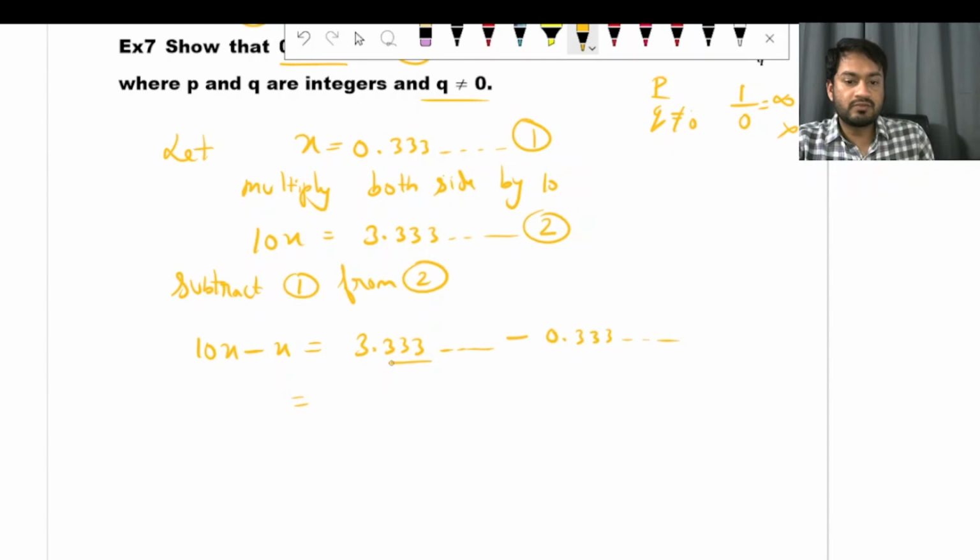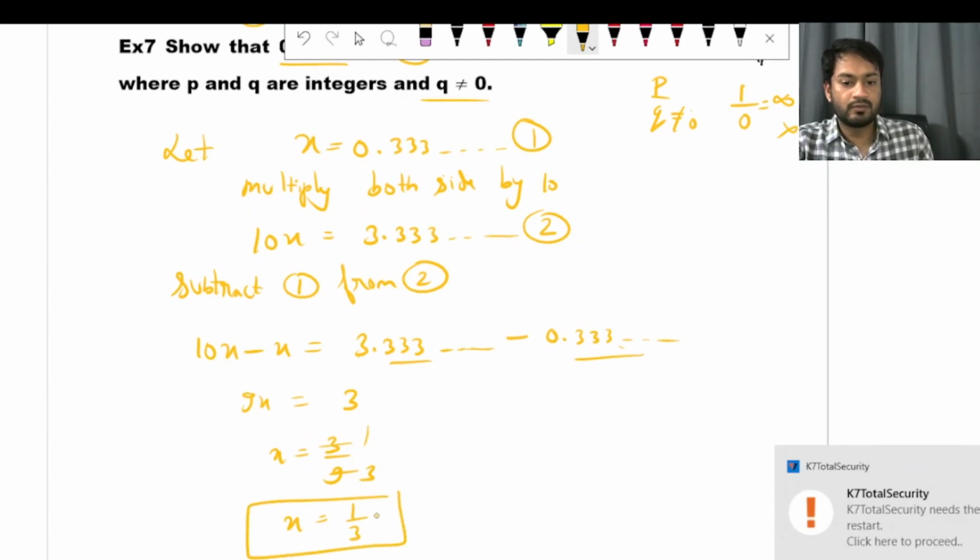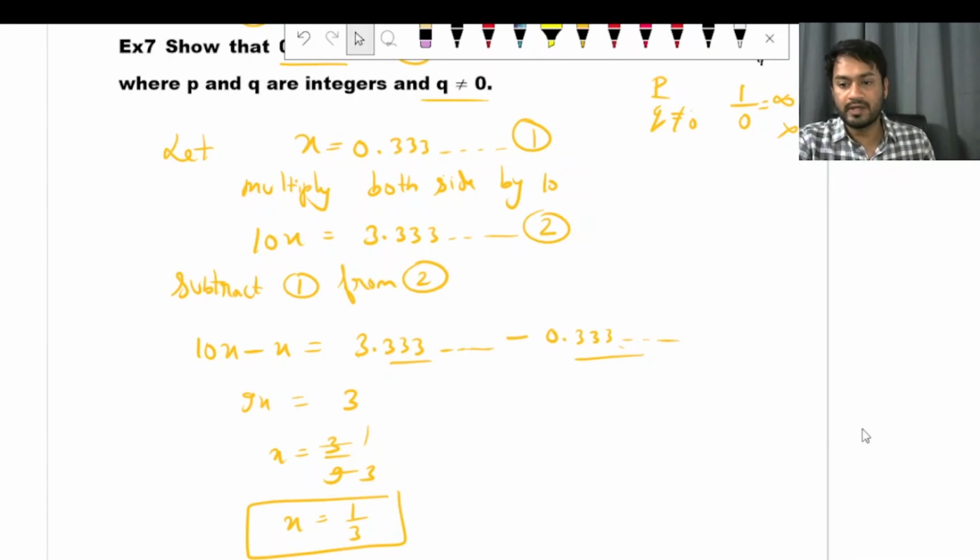So this term will be cancelled with this term, so 3 minus 0 is 3, and 10 minus 1 is 9x. So x will be equal to 3 by 9, which is 3 times 1, 3 times 3. So the form of P upon Q is 1 by 3, where P is 1 and Q is 3. Q is not equal to 0, so hence it is true. This is how we need to solve it.